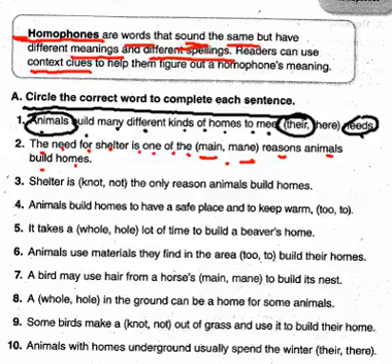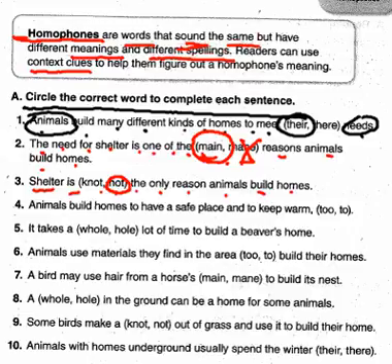We need this first main, because this other mane is like a horse's mane. Okay? Let's take a look at one more, number three. It says, shelter is not the only reason animals build homes. Go ahead and circle which one you think is the correct not. If you circled the second one, not, you are correct.